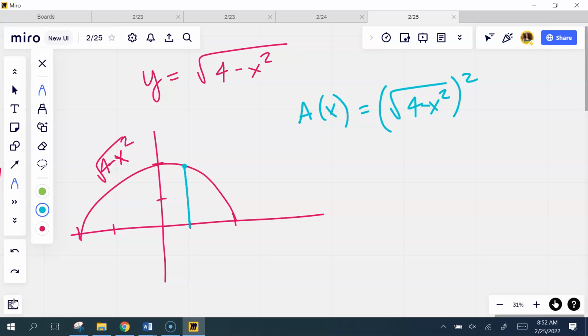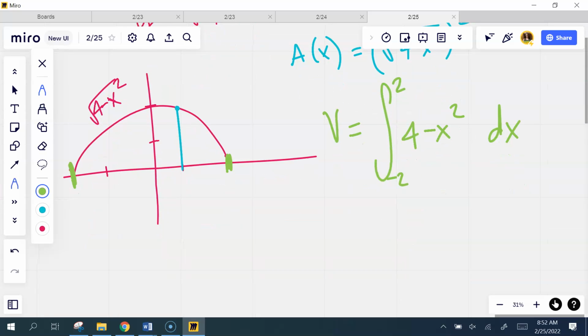So now for the volume, what do I do? From what to what? -2 to 2. This is one of those you could use symmetry if you wanted to go from 0 to 2 and then double it.